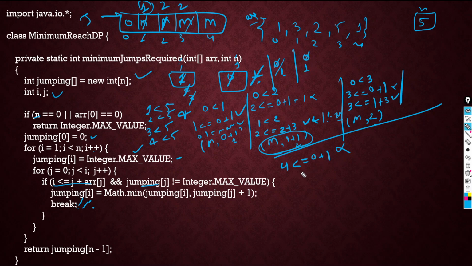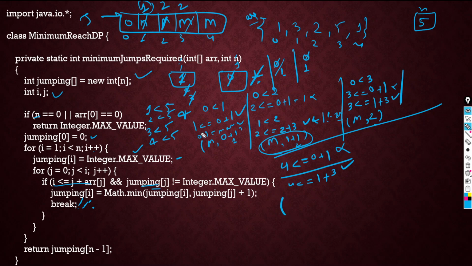It is 1. If we are incrementing the value of j to 1, then 4 is less than or equal to j, which is 1, plus array of j, which is 3. 3 plus 1, 4. It is passing. And jumping of j, jumping of 1, is not equal to maximum. It is also passing. Then what do we have to find?